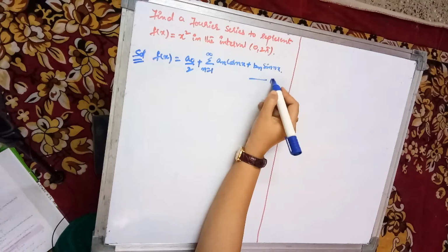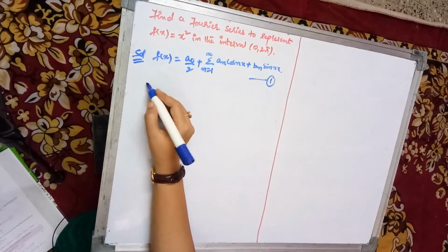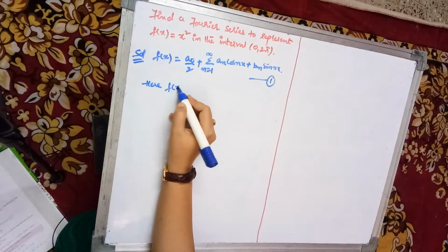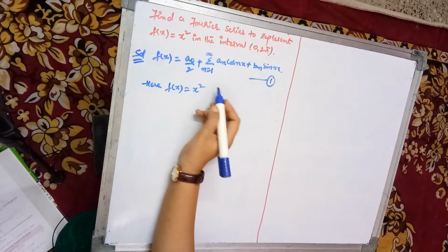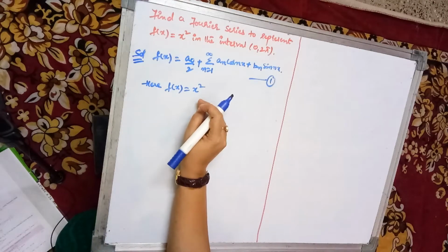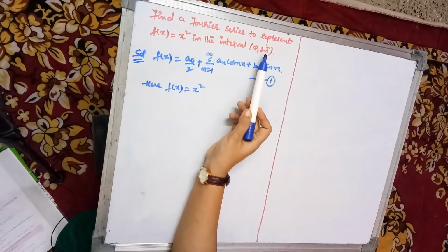We will mark this as equation number 1. Here f of x is equal to x square, and here you are not going to check whether the given function is even or odd, because your interval is from 0 to 2 pi.